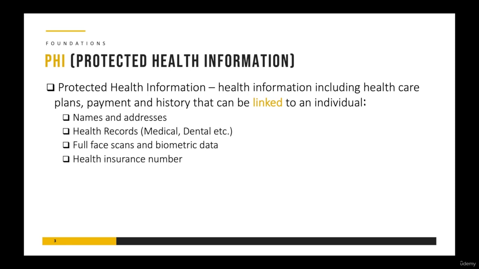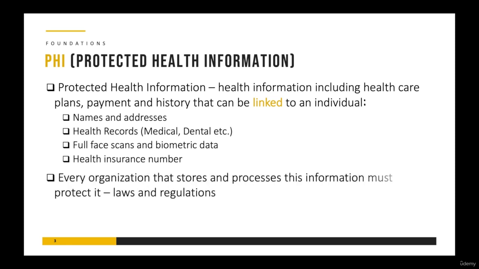The primary difference between PII and PHI is that PHI caters specifically to health-related information. Similar to PII, every organization that collects, stores, and processes this kind of information must protect it. There are laws and regulations in place which we are going to discuss shortly. And there are penalties applied if organizations do not comply with these regulations.